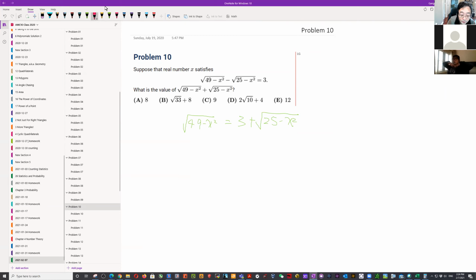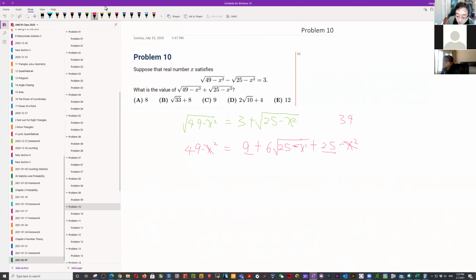So when we move to the other side and completely square it, we get rid of the radical on at least one side. Then this is going to be 9 plus 6 square root of 25 minus x squared plus 25 minus x squared. Here we can cancel this out, and this is actually 34.